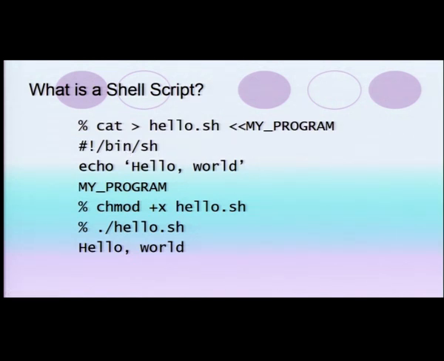What does it contain? It contains echo hello world, and chmod gives executable permission to hello.sh. Automatically you can execute it and you will get your echo hello world printed. Echo is another Unix command, cat is one command, echo is another command, chmod is another command.